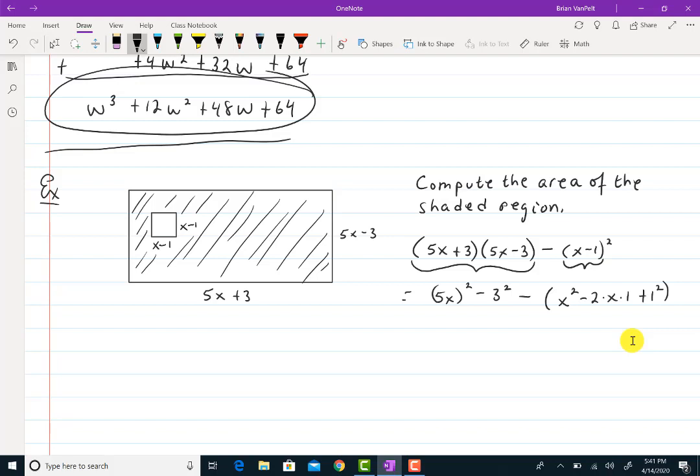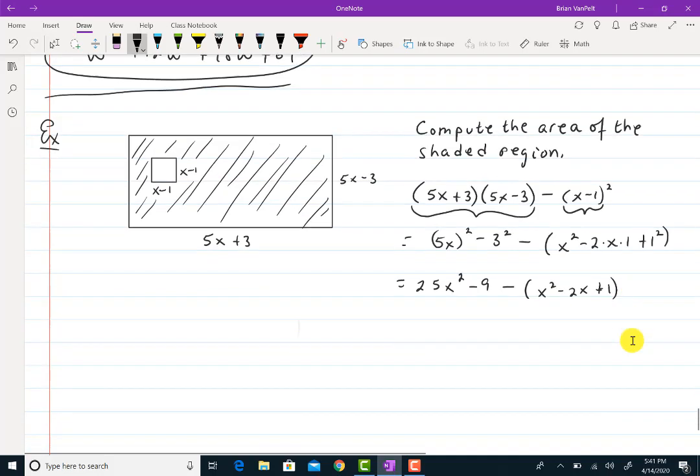Let me go ahead and simplify a little bit. 25x squared minus 9. Let me make that square a little bit better looking. Minus, and then inside of here I have x squared minus 2x plus 1.